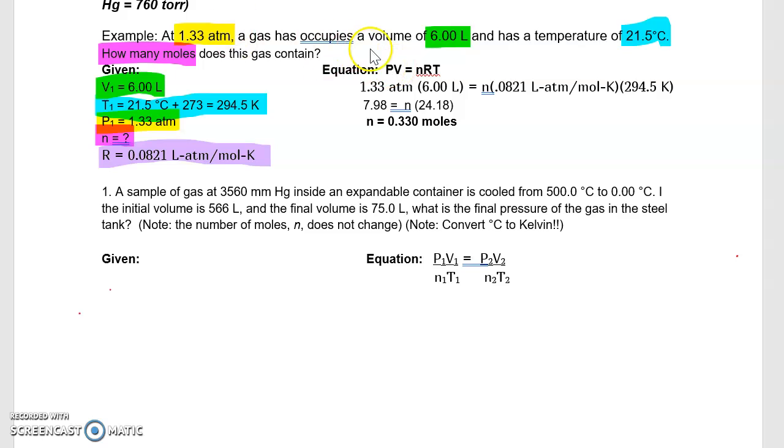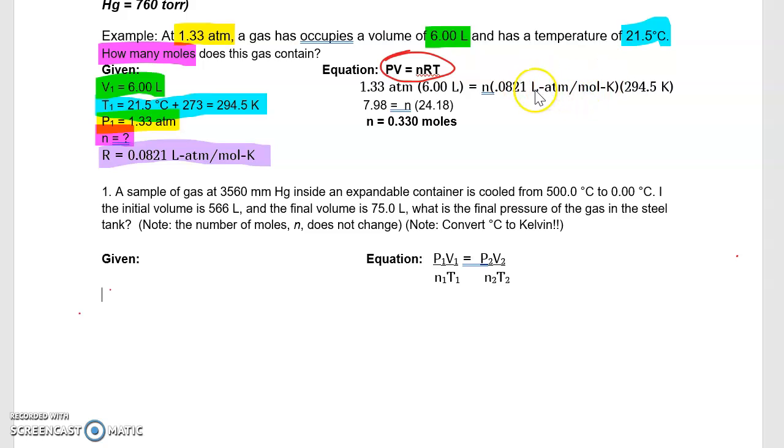Then I'm going to plug all of this into my PV=nRT equation right over here. So here's the equation I'm using. Now I'm going to plug in my pressure, 1.33 atmospheres. This goes here, and then it's times the volume, 6 liters, and equals n, that's my unknown, times 0.0821 liter atmosphere per mole Kelvin.